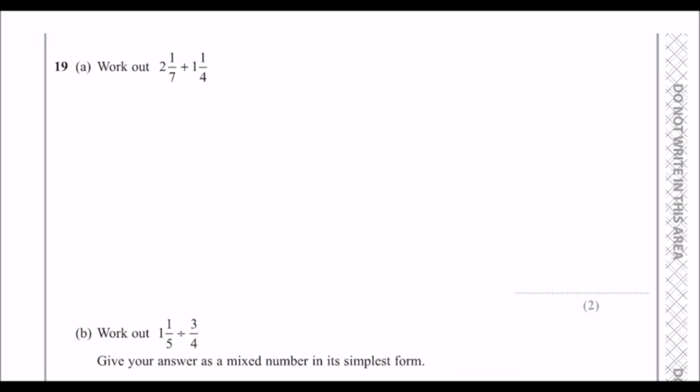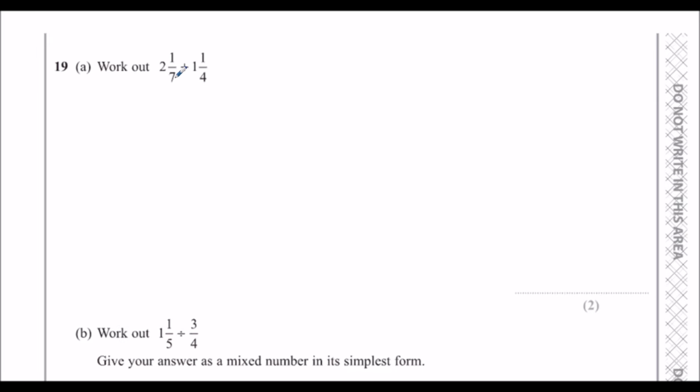Okay, question 19. Work out 2 and 1/7 plus 1 and 1/4. Okay, so we want to get rid of the numbers in front, these mixed numbers, and change them into top-heavy fractions. So I've got 2 whole ones and 1/7.